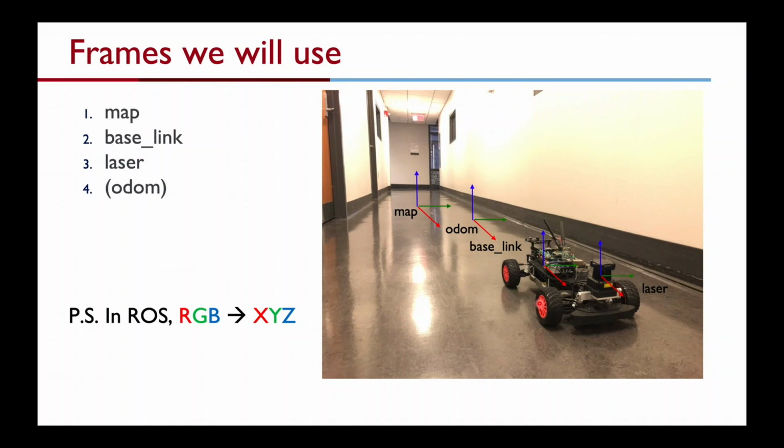So to go back to the point at hand, the F110 car, both the physical car and the simulated car, uses the following 4 frames: the map frame, the base link frame, and the laser frame. It also uses an odometry frame, and there's a reason why odometry has been shown in parentheses. I'll explain why this frame is redundant or not really reporting the position of the car.